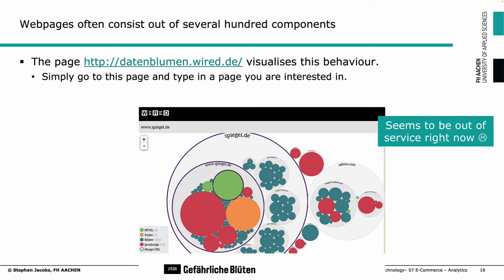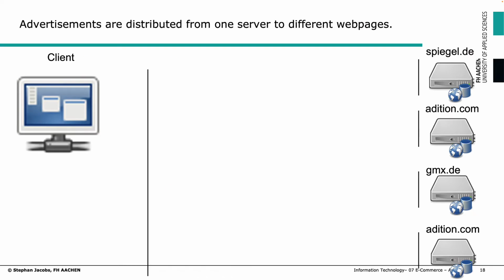For example, you can identify edition.com. Now, edition.com is a typical company which creates profiles of different users. There is not only edition.com, there is Facebook and Google and the others who all are interested in where you are surfing.